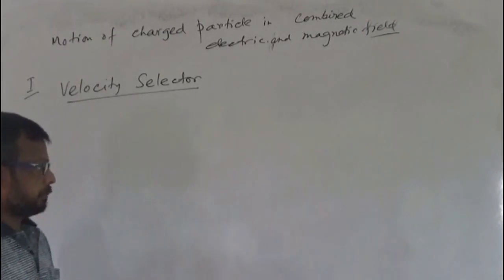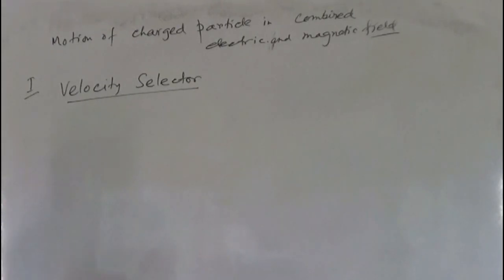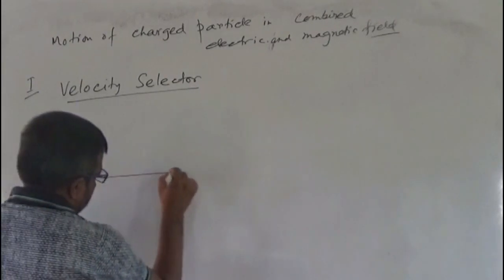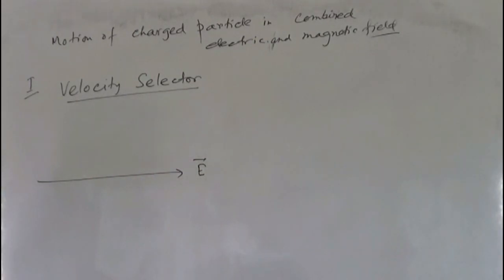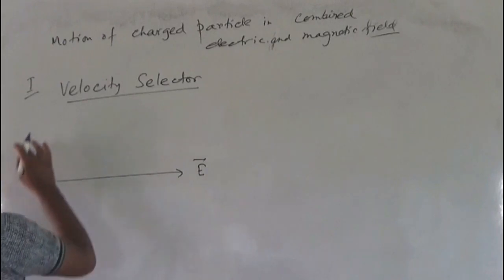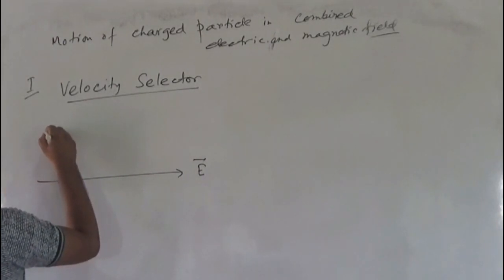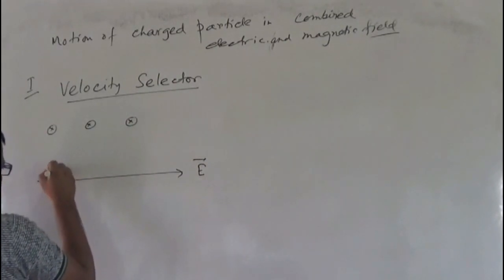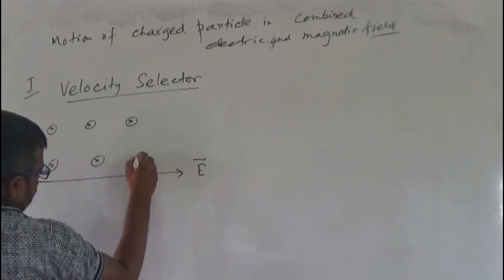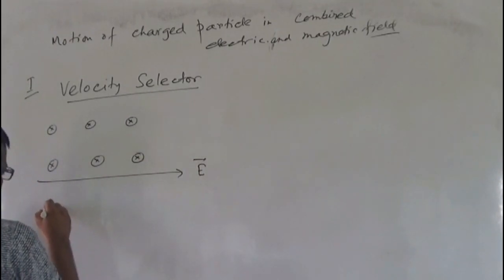Now let us suppose there is a region in which there are two fields. One is an electric field and another is a magnetic field. Let us say this is the direction of the electric field, on the board, from left to right. In this region there is also a magnetic field, and its direction is perpendicular to the board, into the board.